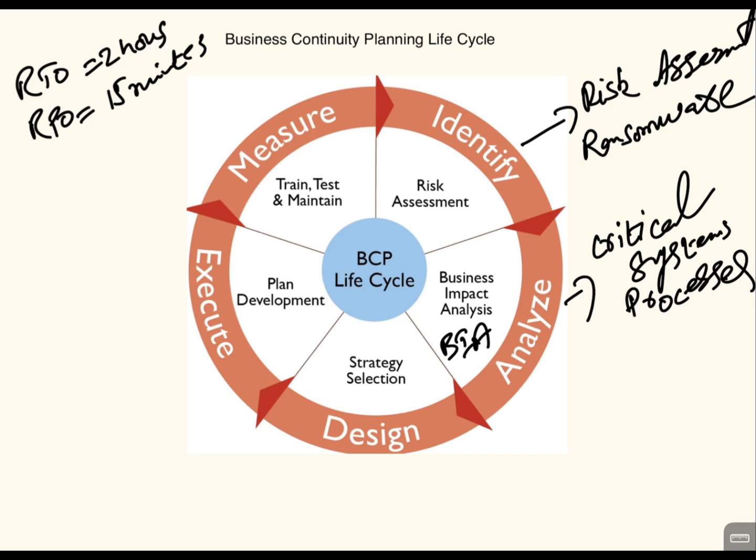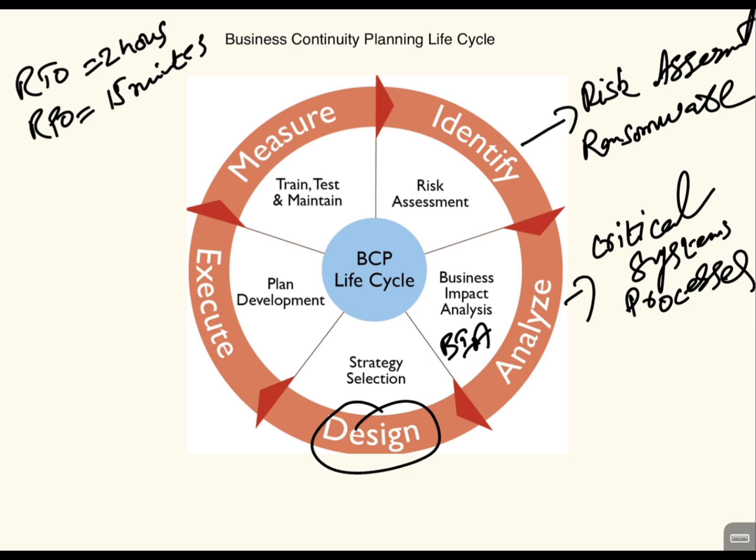Third is design, strategy selection. So choose how to recover: hot site, backup, cloud failover, for example. Here we make the strategy for how to recover. If the system is down and data is lost, how can it be recovered? We have hot sites, warm sites, cold sites, backups, whatever it is.